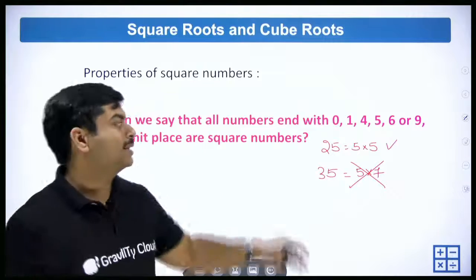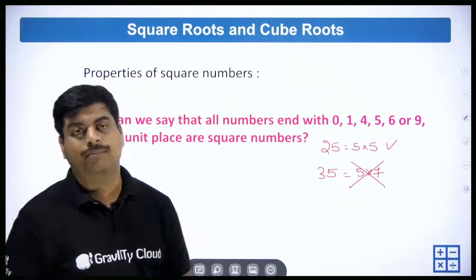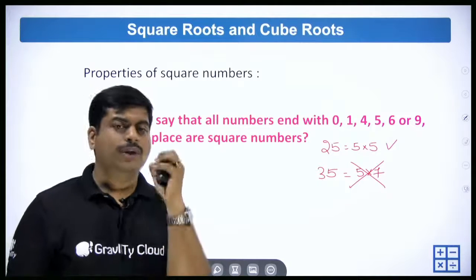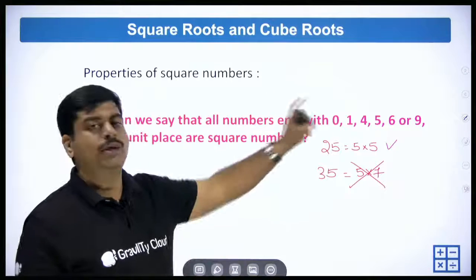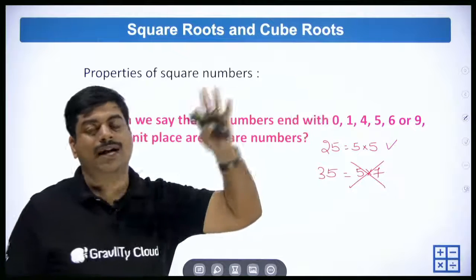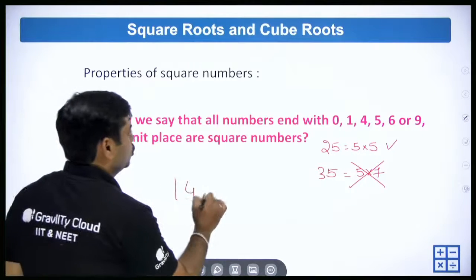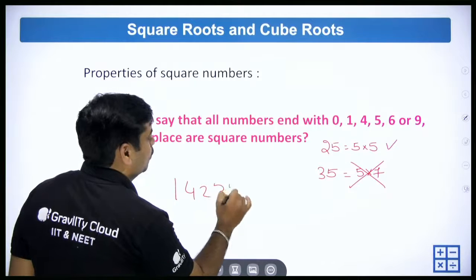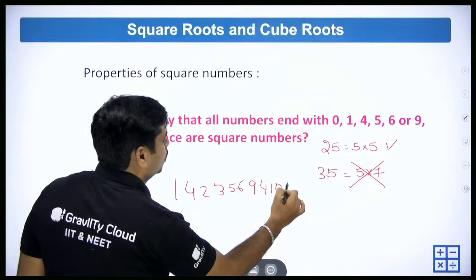So what is the answer? Not all numbers ending with 0, 1, 4, 5, 6, 9 are perfect square numbers. Not all, only a few. But if it is a square number, definitely it should end with these six digits: 0, 1, 4, 5, 6, 9. No other number. I'll give you a big number: 14235694102.